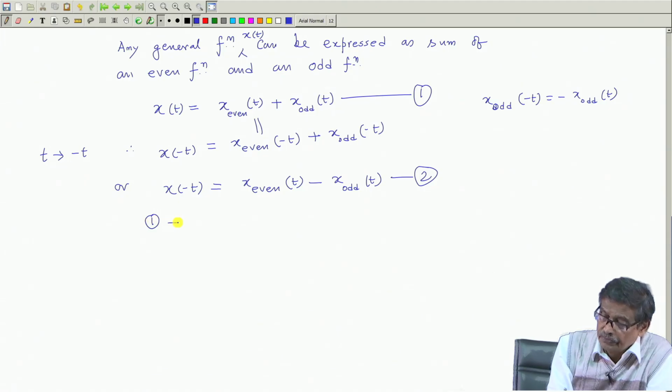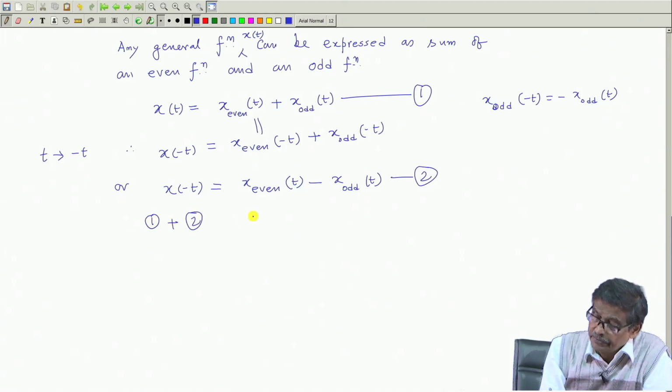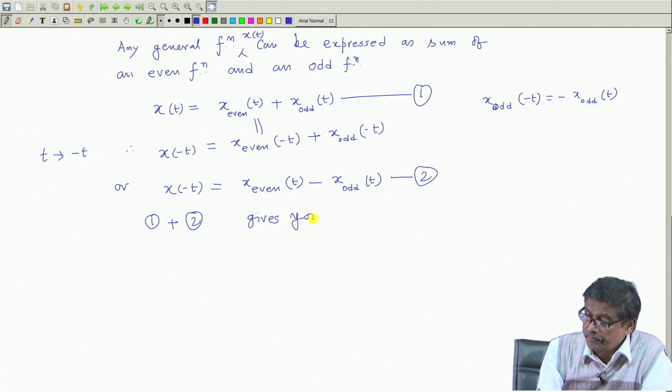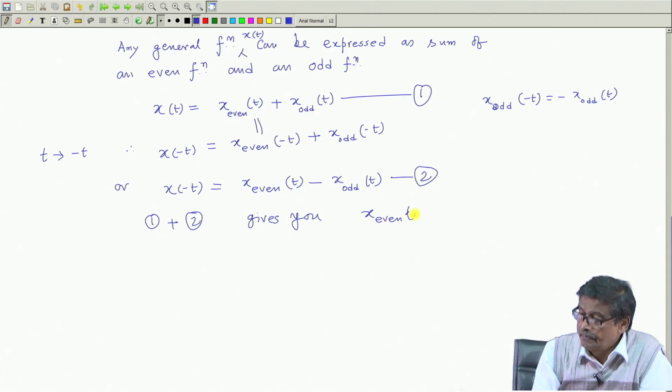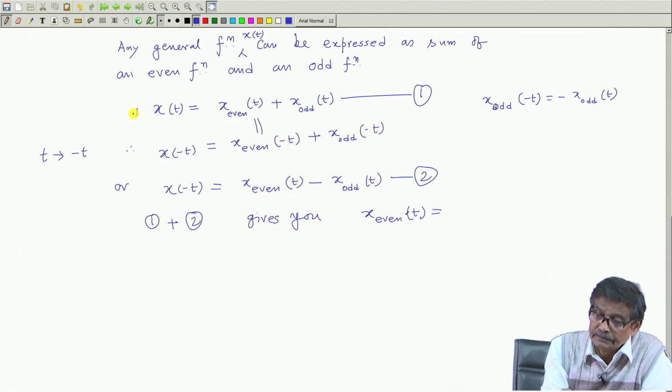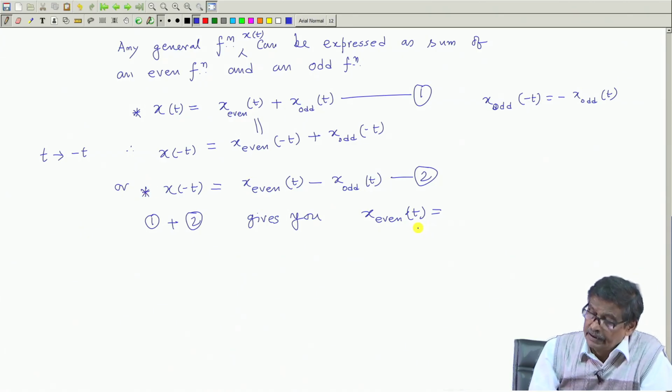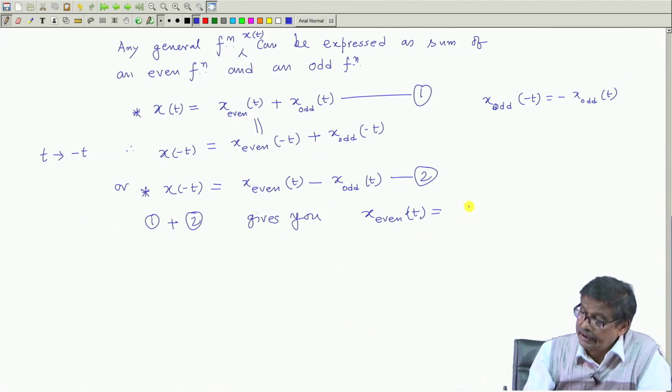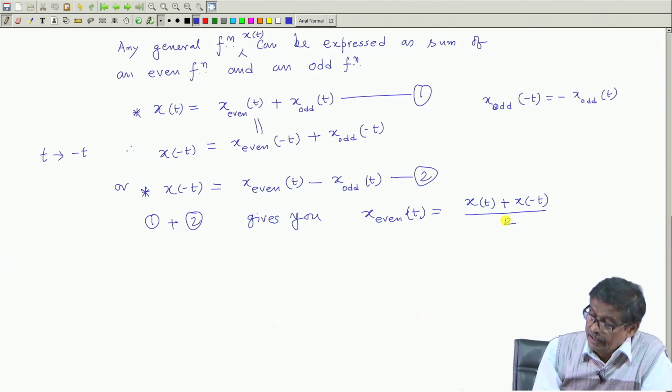If you add this equation and this equation, it will give you x even(t) as x(t) plus x(-t) divided by 2.